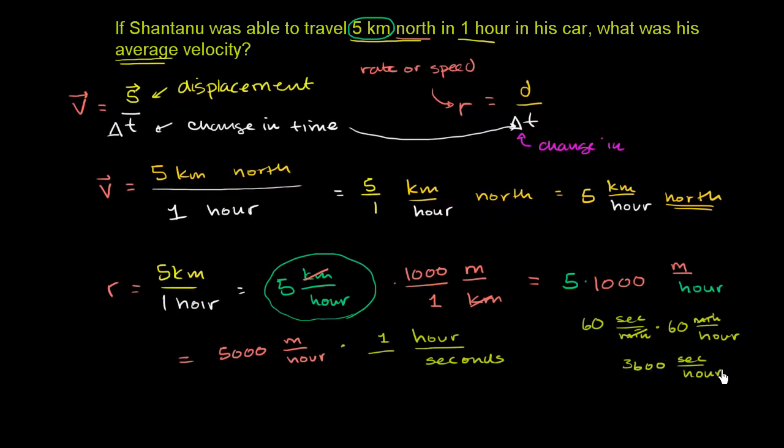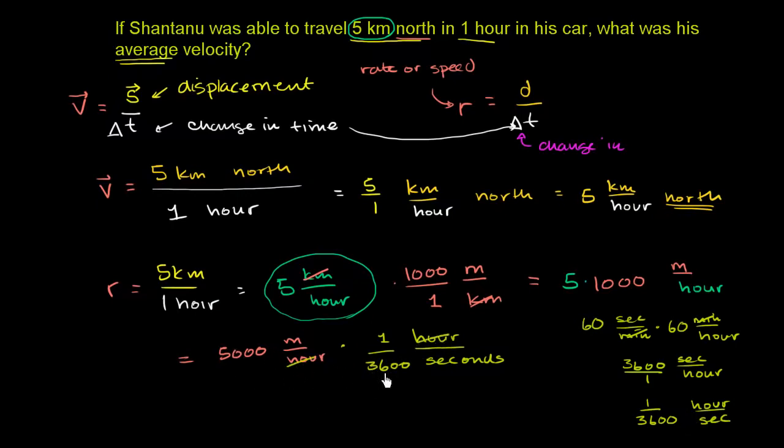3,600 seconds per hour. Or you could say this is 3,600 seconds for every 1 hour. Or if you flip them, you would get 1 over 3,600 hours per second, depending on how you want to do it. So 1 hour is the same thing as 3,600 seconds. And so now this hour cancels out with that hour.